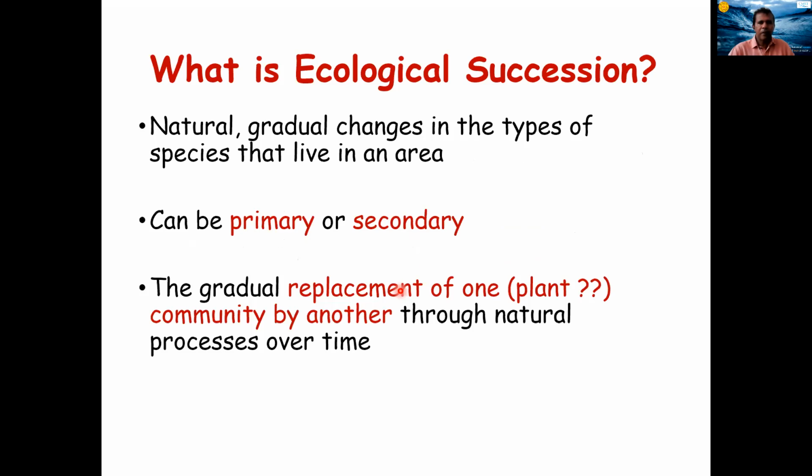Everything happens because of this concept called ecological succession. I hope you can understand this. And in ecological succession, there are mainly two types: primary succession and secondary succession.